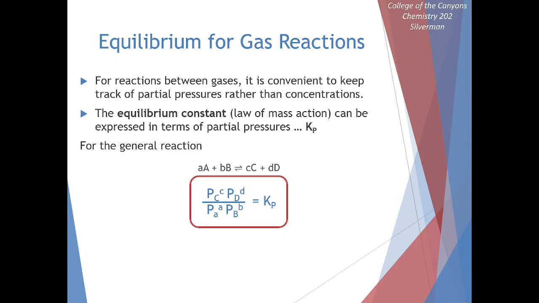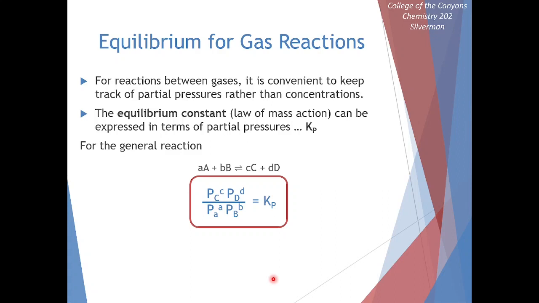We still call this K for equilibrium constant, but now we change the subscript to P for pressures. So once again, for our general reaction, we have our products divided by our reactants, but now we're thinking about the partial pressures of our products raised to their coefficients, divided by the partial pressures of our reactants raised to their coefficients, and that is our law of mass action.